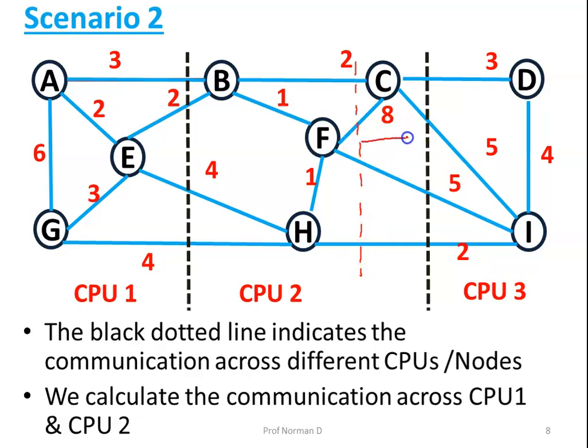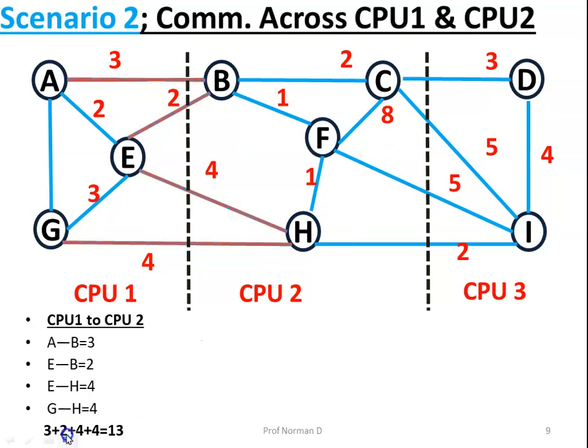Now that line has been moved over here. The same way we calculated the load in scenario 1, we have to calculate the load over here also. So the communication across CPU 1 and CPU 2 will not change because it is the same as scenario 1. So the load continues to be 13. Now we will calculate the load between CPU 2 and CPU 3.